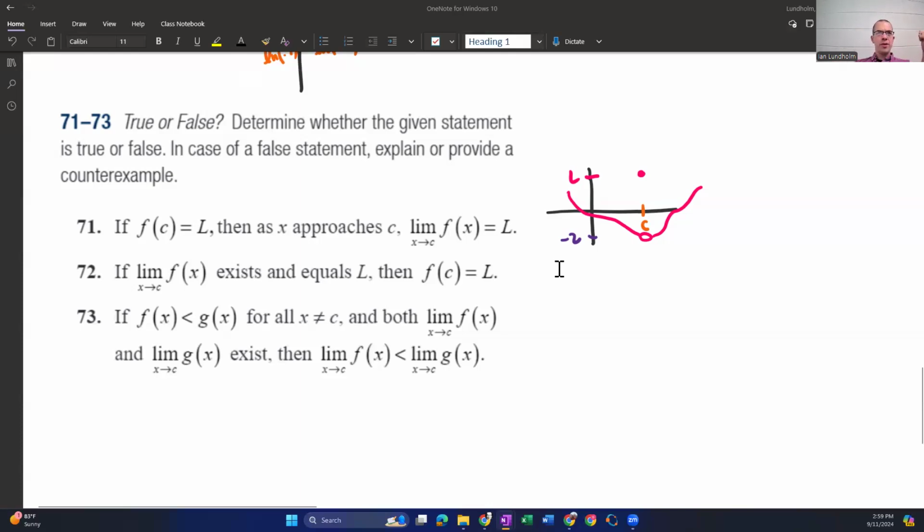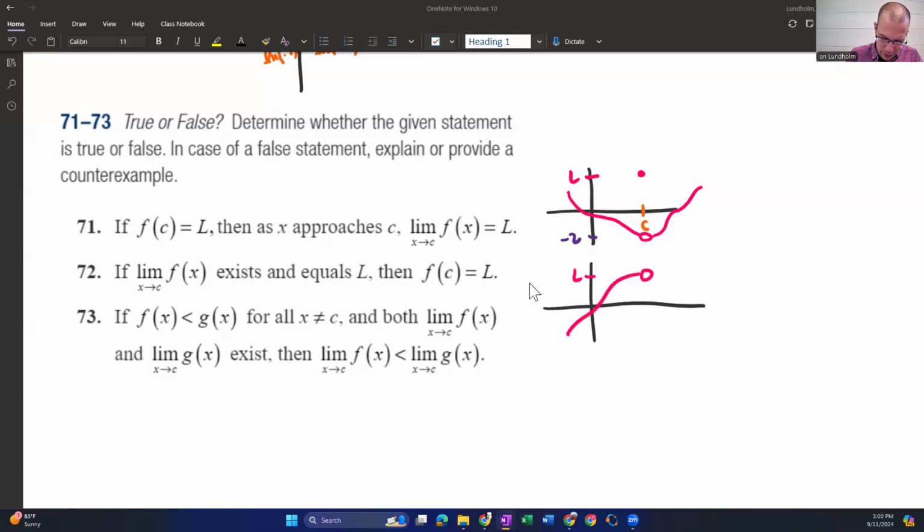Okay, 72. If this limit exists and it equals L, then f of c equals L. And so this is just kind of the flip-flop. If the limit exists and goes to L, it just means that we're going to draw this line in a different spot. Let's set up a new set of axes here. Let's pretend that L is in the same spot.